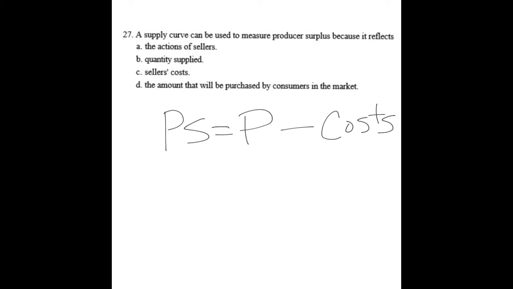So we have these different choices. The correct answer is C. The supply curve describes the seller's costs. So when we describe producer surplus, it is the area between the price level and the supply curve.